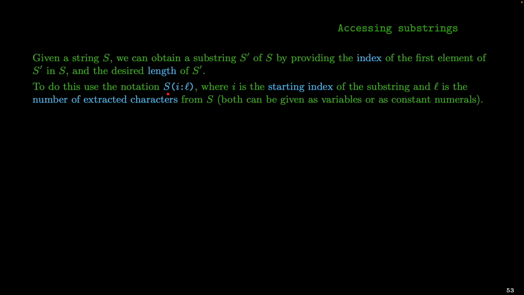And for this we use the notation S parenthesis I colon L. So here I is the starting index, so where S prime begins, and L is the length of S prime. And these characters are extracted from the string S and give our substring S prime. And both the index and the length can be given as variables or as constants.